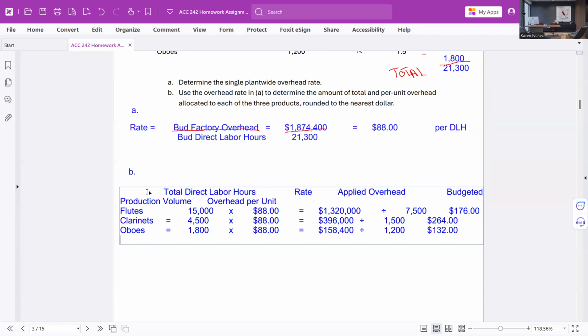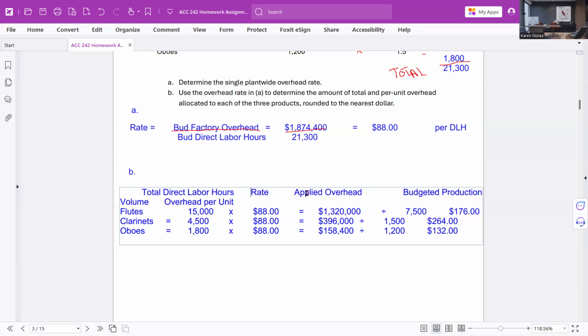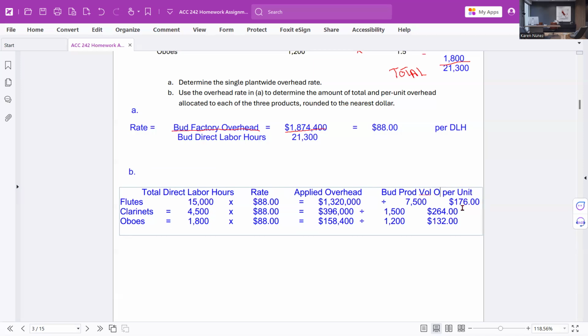So let me abbreviate these just a little bit so that I can get everything on here, because we got quite a bit here on this table. Okay, I think that might work.